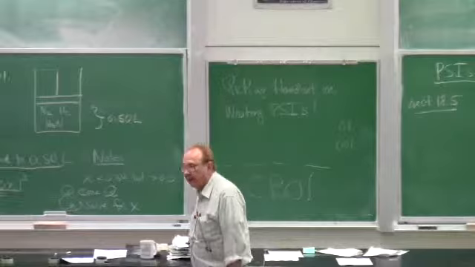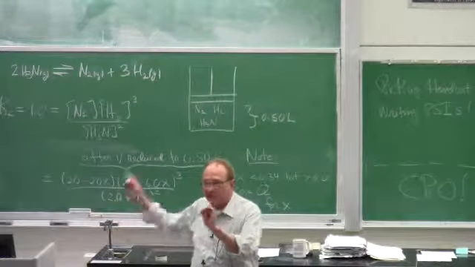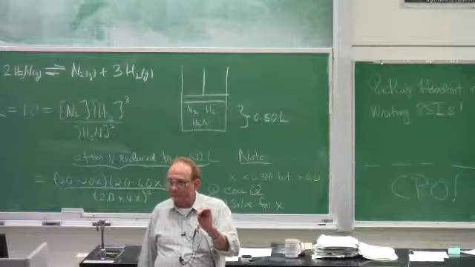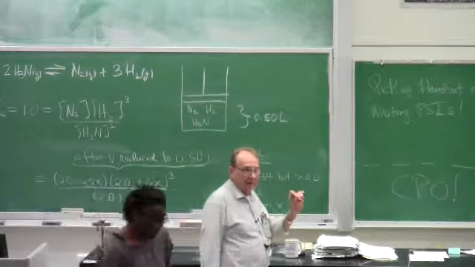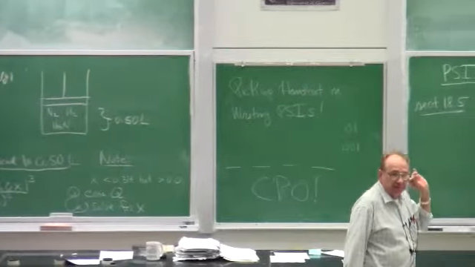What they fail to point out is when you applied this change, in our case, we reduced the volume. We could have destroyed the equilibrium by increasing the volume. We could have destroyed the equilibrium by adding additional quantity of any individual component of the system.